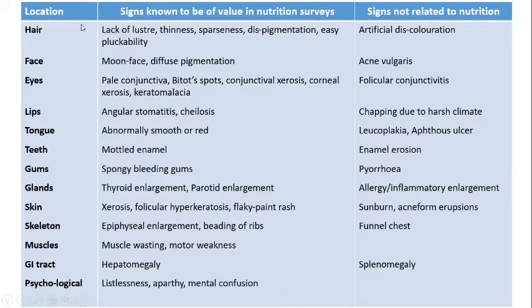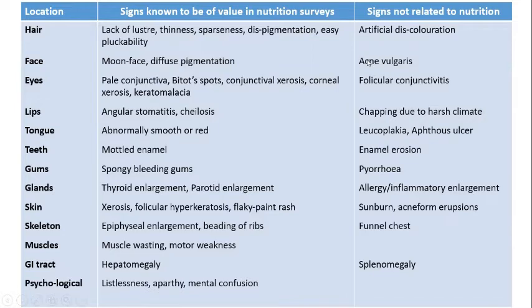For example, when observing hair, lack of lustre, thinness, sparseness, dyspigmentation, or easy pluckability are considered to be related to nutrition surveys.